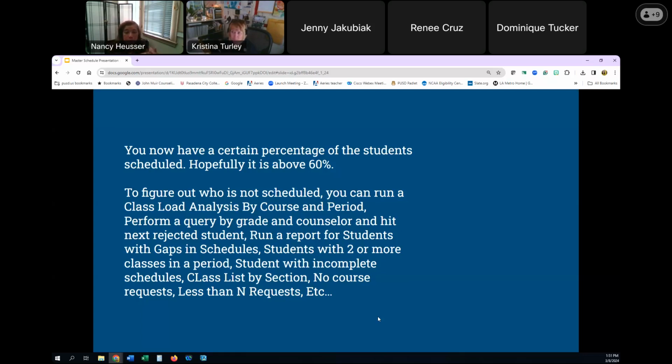You can run a report for students with gaps in their schedule, students with 2 or more classes in a period, students with incomplete schedules, class list by section, no course requests, less than a certain number of course requests, etc. So there are a lot of reports that can help you. These are the ones that I pretty much use, but not everybody uses all of these. Some schools will only use a few of these.